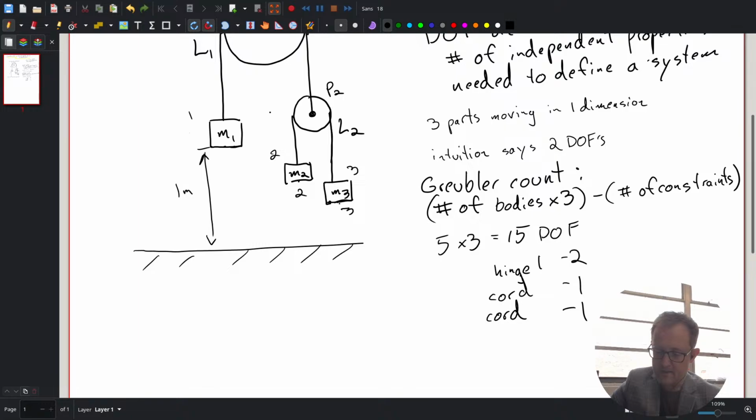Then we also have a constraint that mass 1, mass 2, and mass 3 are only moving up and down. And same with pulley 2, it's only moving up and down. So we have M1, M2, M3, and pulley 2.